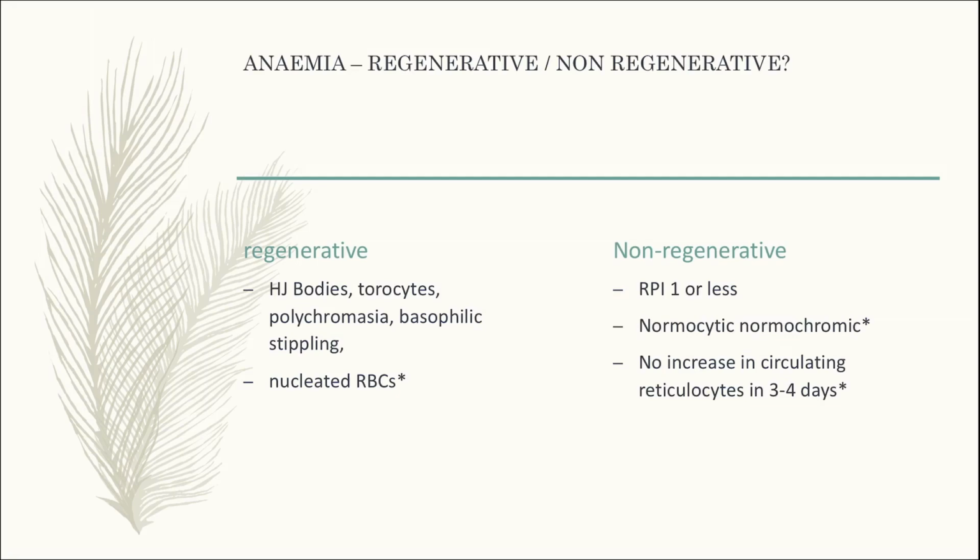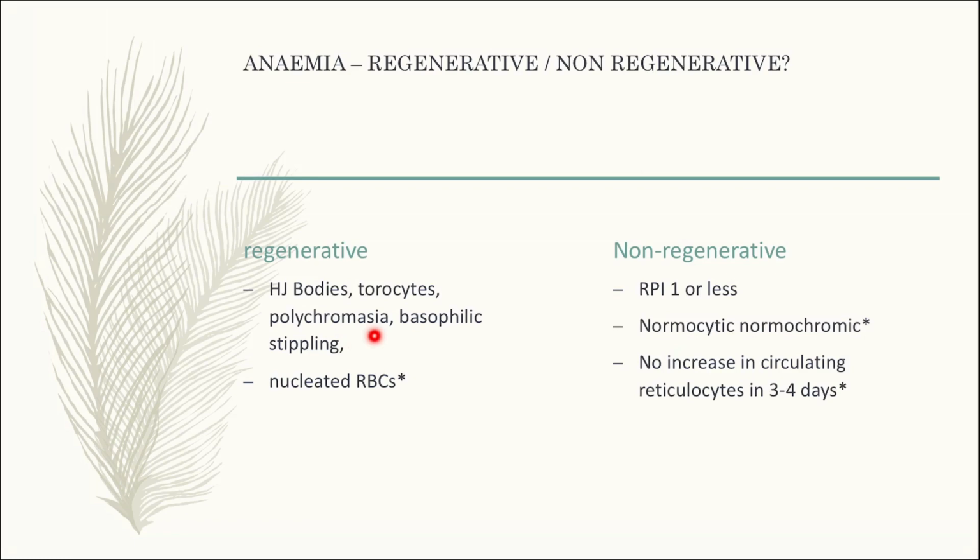So, when the anemia is regenerative, then you will actually see these changes in the blood smear. You will see Howell-Jolly bodies. They are small basophilic inclusion bodies within the RBCs. They are a little larger in number, a little larger in size, and you will see polychromasia.